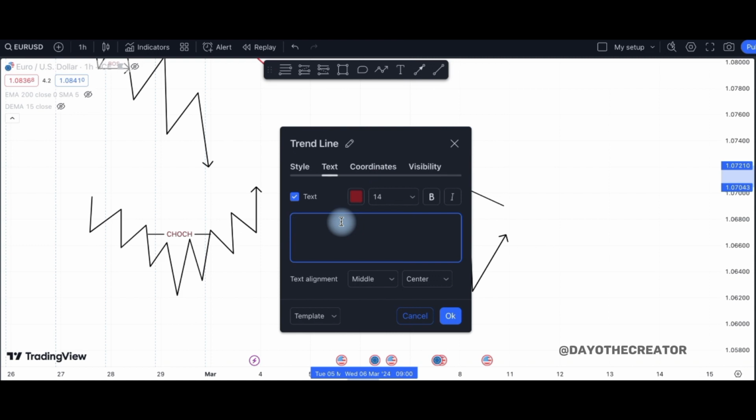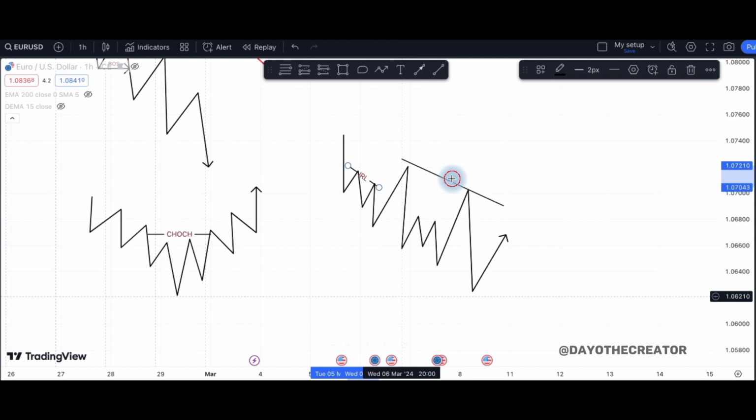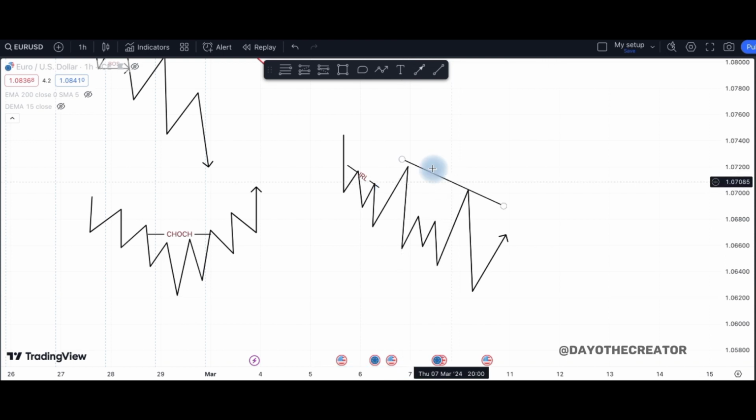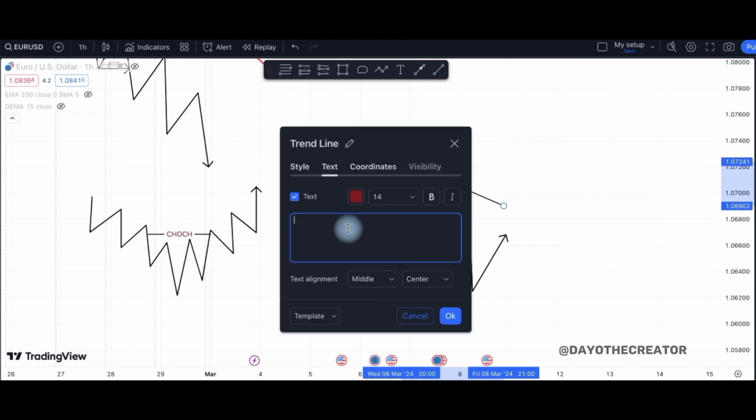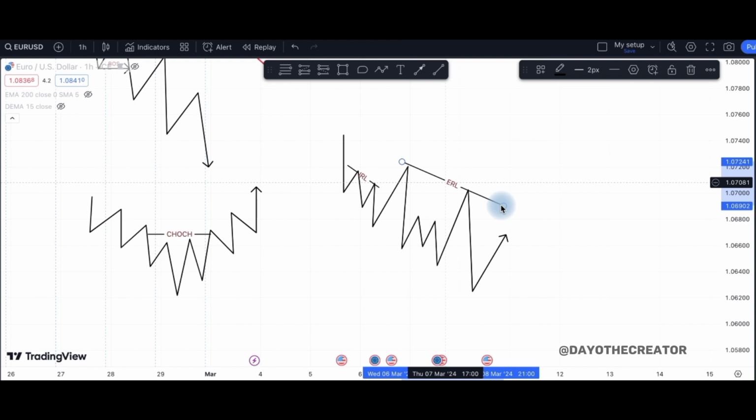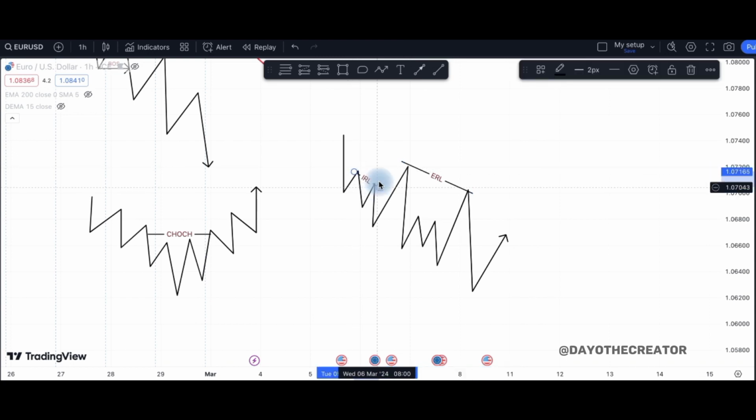Our internal structure is IRL, which is internal range liquidity, and our external structure or external liquidity is the bigger moves in the higher time frame, ERL, the external range liquidity. And this is what I call the internal range liquidity, the little movements in the market in the lower time frames.